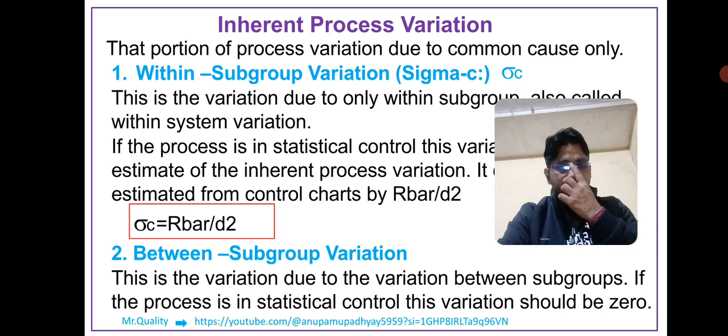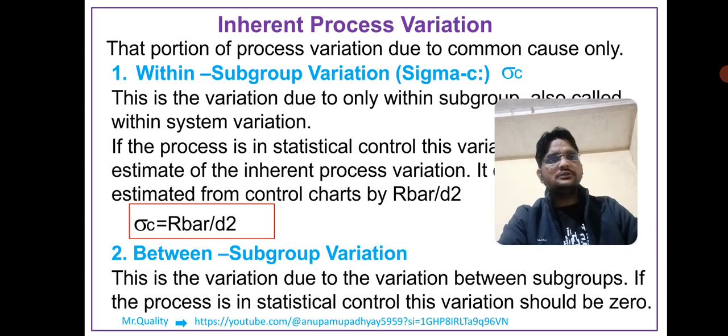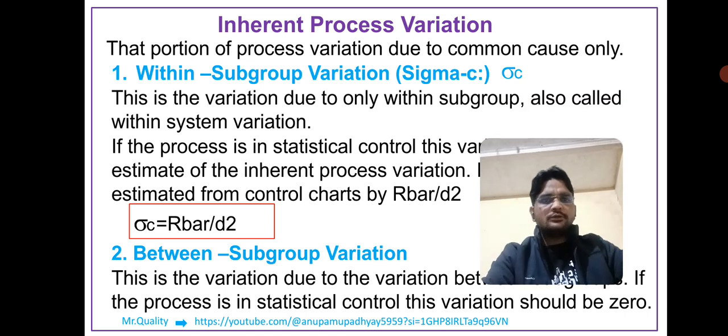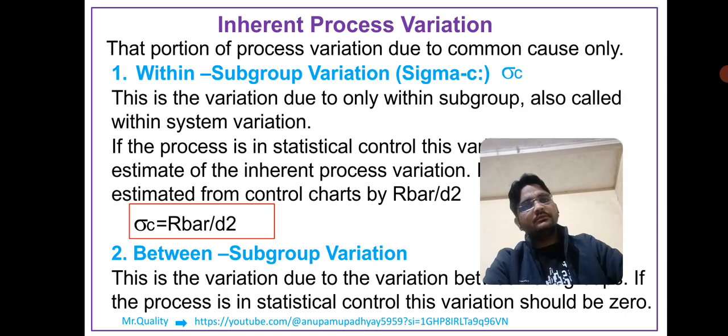First, within subgroup variation: this variation is due only to variation within the subgroup, also called within system variation.